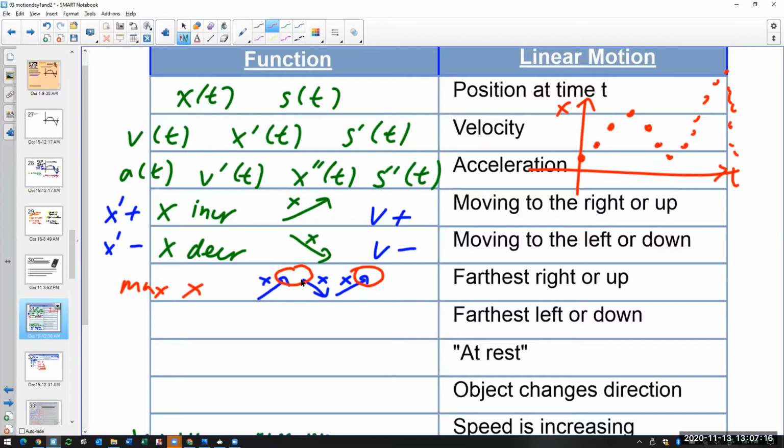So this actually means walking right. This actually means walking left, okay? And we say right, left, but it could also be up and down. It just depends if you're on a horizontal number line or a vertical number line, okay? Furthest left or furthest down, so on a number line, that's my smallest x, okay?